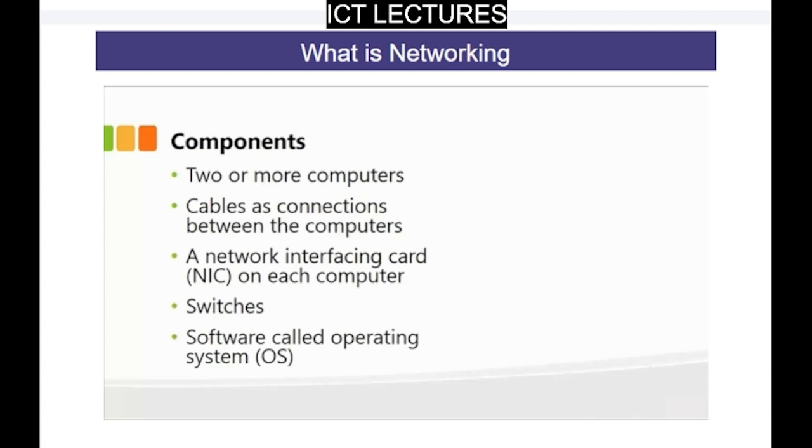We also need a component, the software called the operating system. So for instance, Windows 8, Windows 8.1 is an operating system. You may have an operating system called Mac OS if you have an Apple computer, for example, or a Linux operating system, a Unix, and so on.